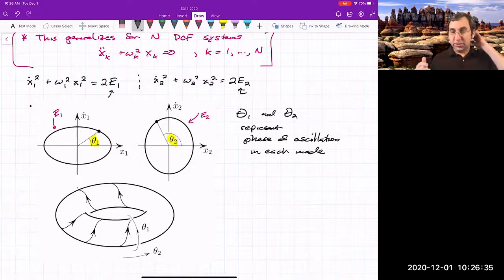And then we could view these two like, well, how are the phases coupled? You could view it as a torus. So in one direction of the torus, that's the phase related to mode 1, and then the other angle is the phase related to mode 2. So we can kind of naturally view it as coordinates on a torus.